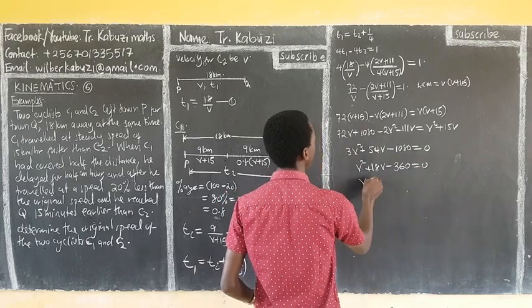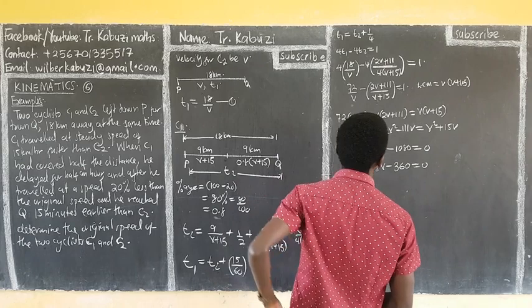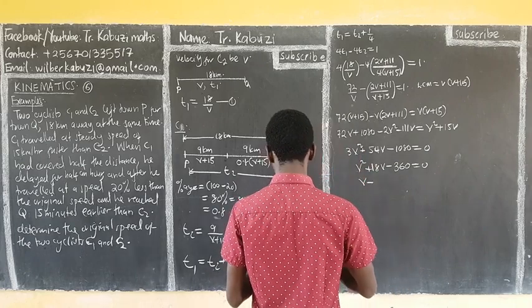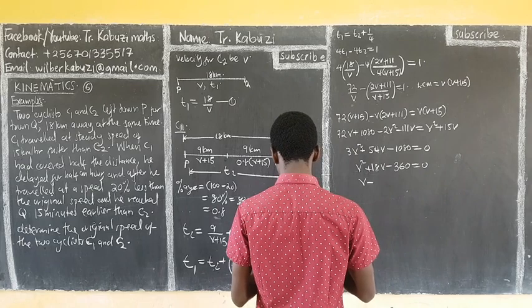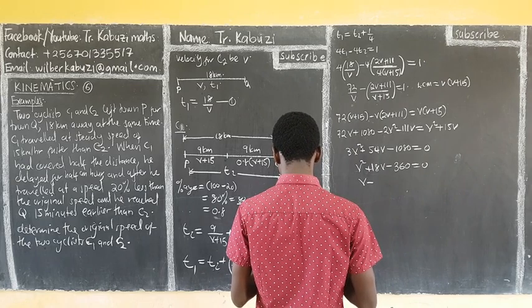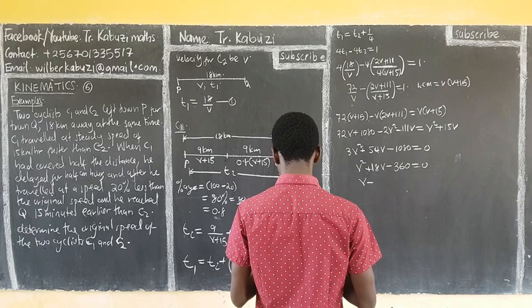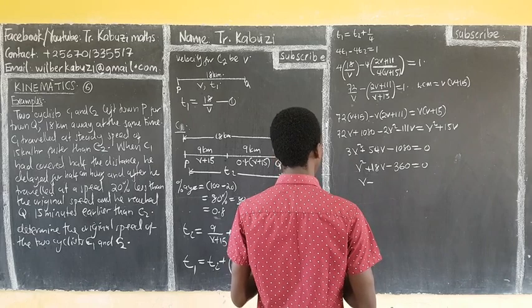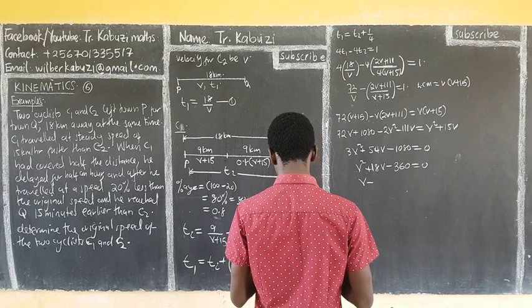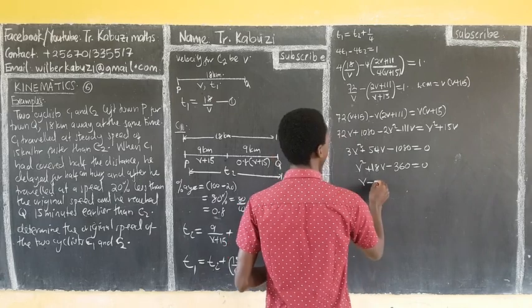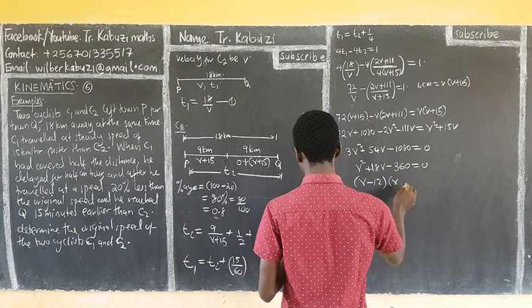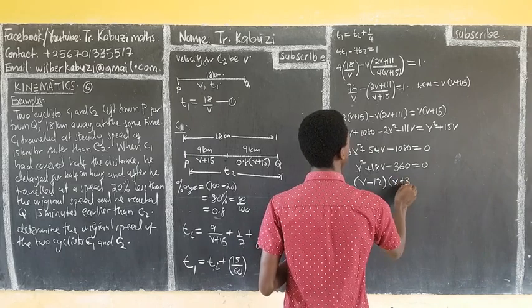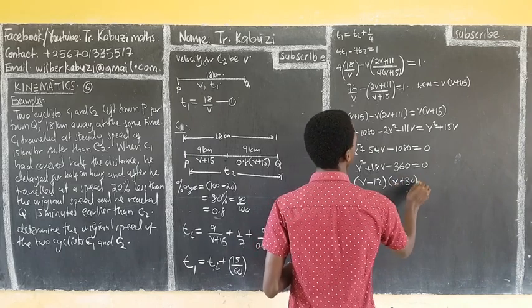So you see that we can factorize this to b minus 12 into b plus 30. That's how you can factorize this.